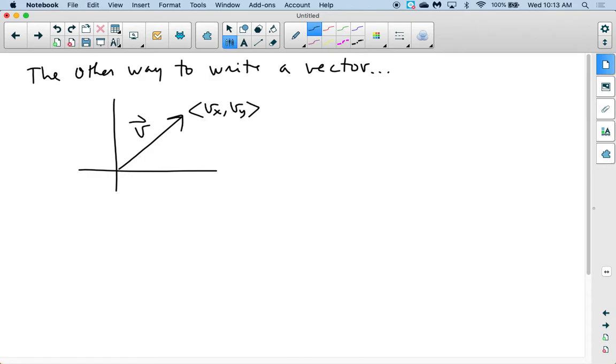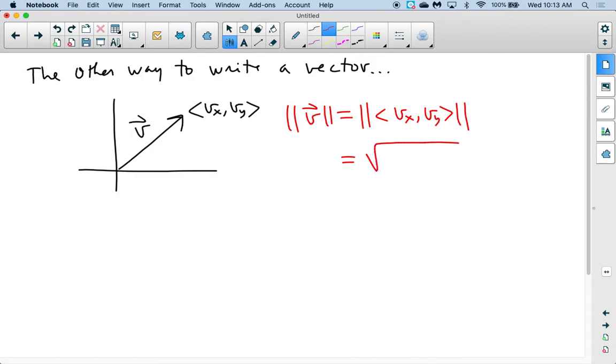Again, let's recognize that the magnitude of v, we can write this way, magnitude of Vx, Vy. That would be equal to the square root of Vx squared plus Vy squared.